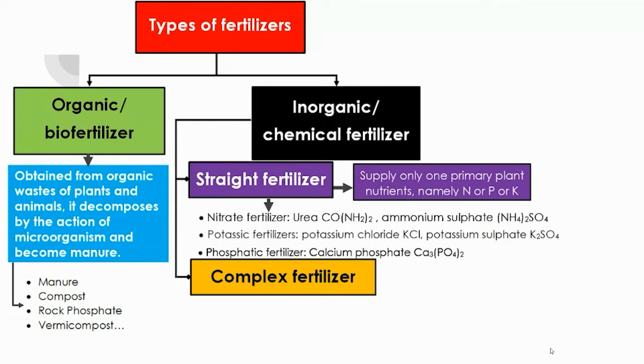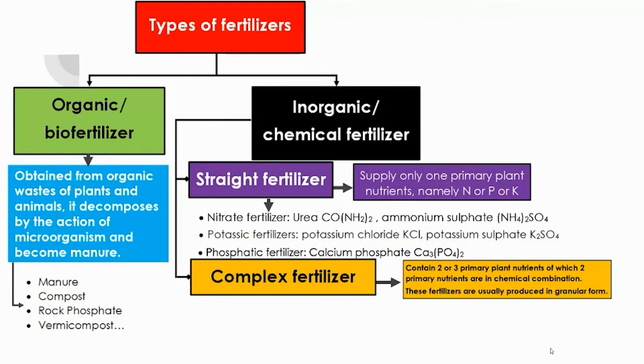For example, urea and ammonium phosphate refer to nitrogen nutrients, and the phosphatic fertilizer and potassium chloride, potassium sulfate, and the last one, a potassic fertilizer, like calcium phosphate.